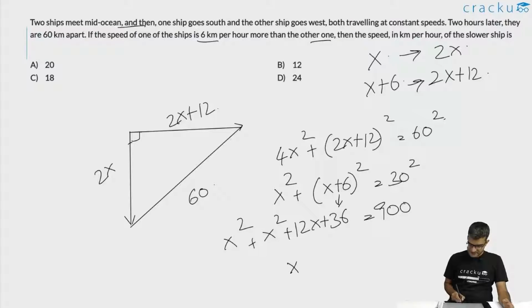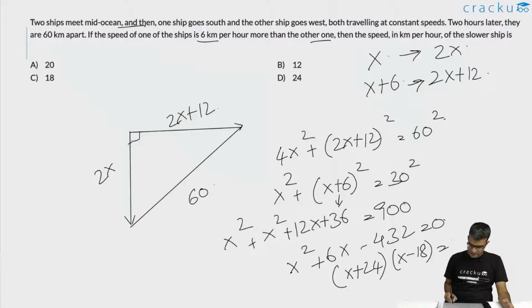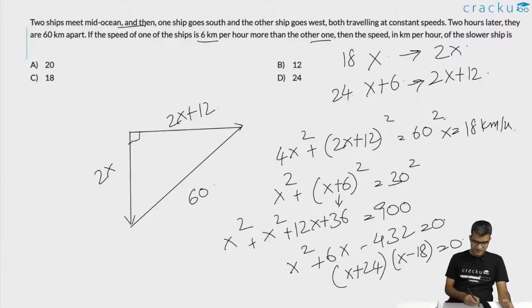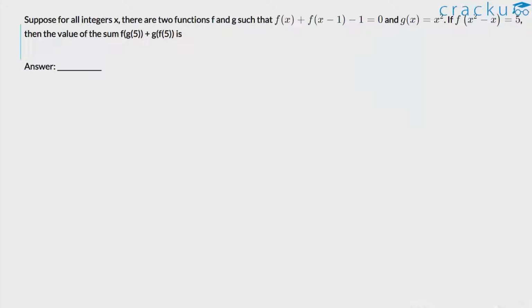You can simplify this as x square plus 6x minus 432 is equal to 0, or this is x plus 24 into x minus 18 is equal to 0. So the value of x will be equal to 18 kilometers per hour. So the speed of the slower boat is 18 kilometers per hour, the speed of the faster boat is 24 kilometers per hour. So the correct answer is option C.